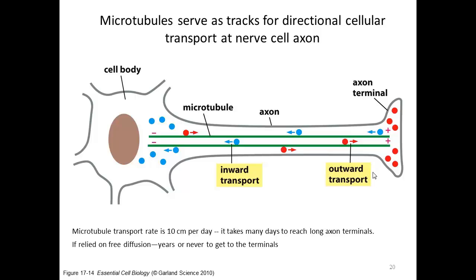Now, as we've mentioned many times, the microtubules are sort of the highways or the transport paths of the cell. In this particular diagram, we see a nerve cell with a cell body. Here's where proteins are made.